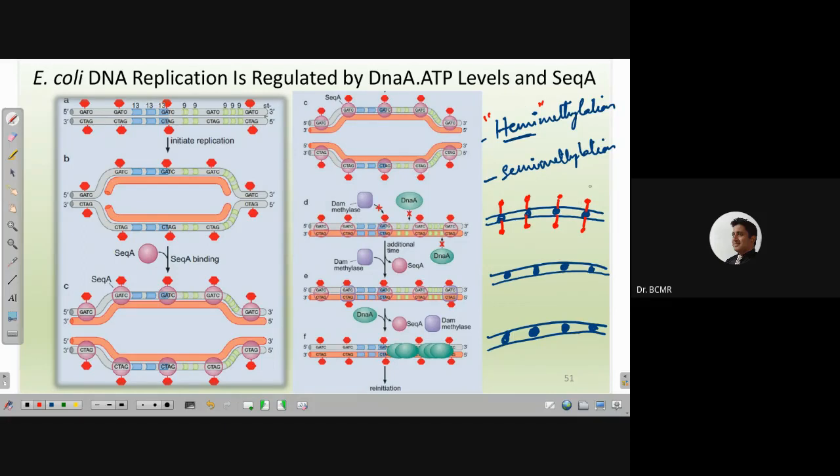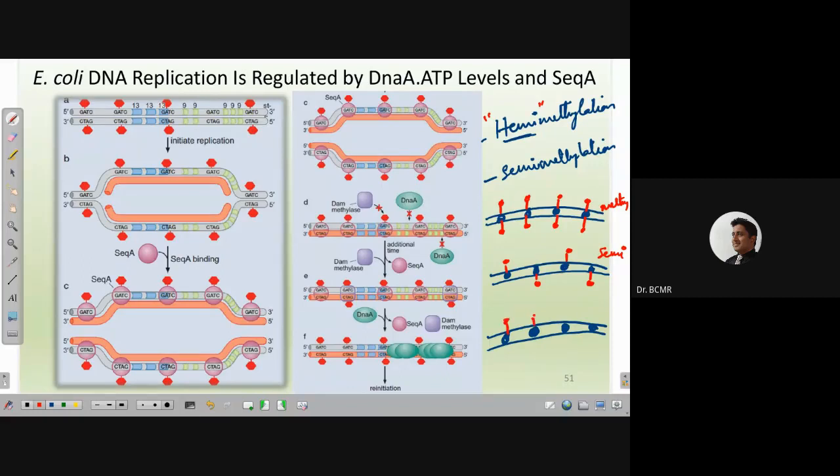The one that I drew here is the completely methylated state. You'll just call it methylated DNA. If there is a DNA molecule with a methylation pattern like this, you can probably call it semi-methylation. It doesn't have much significance in our biology.